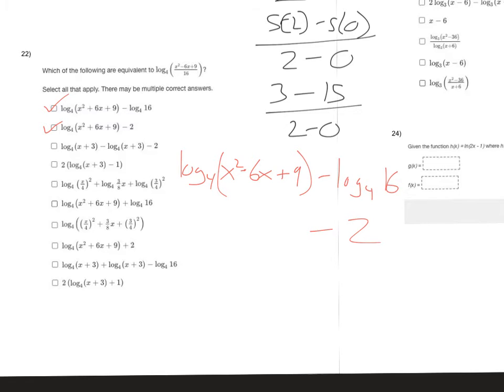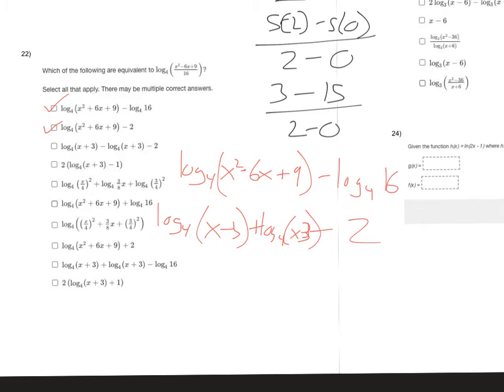Now, can I simplify this first chunk any further? Yes, I can. I can factor this and then break that multiplication down into addition. So this would be log base 4 of x minus 3 plus log base 4 of x minus 3.